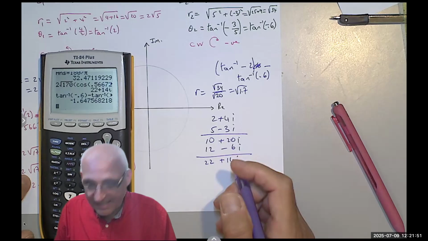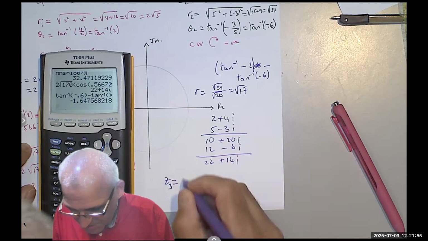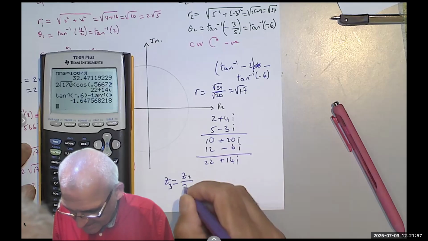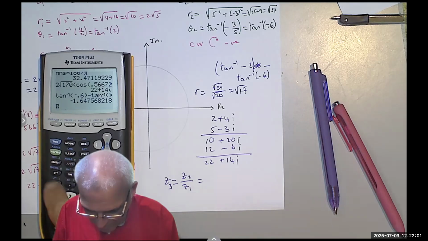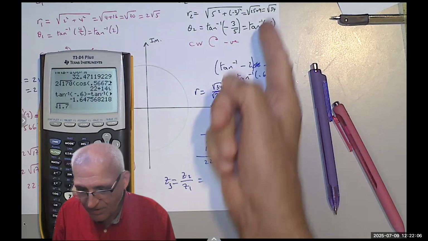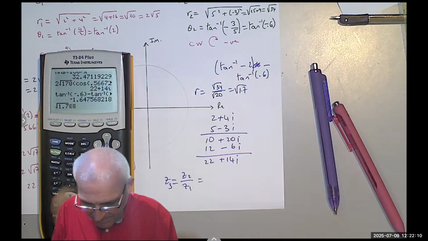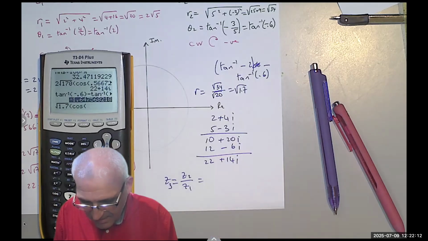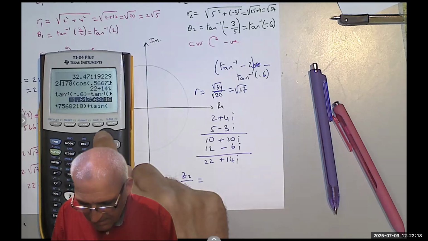So to find z, let's call it z3, which is z2 divided by z1, that's what we did, would be the square root of 1.7, remember 34 over 20, times cosine of this angle plus i sine of this angle.